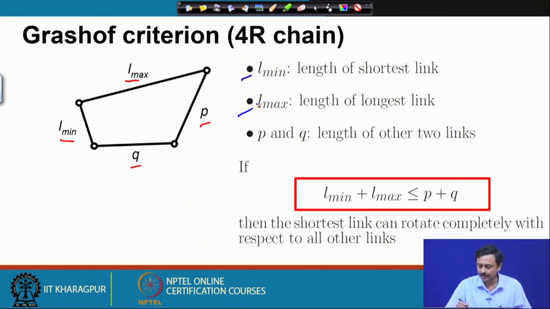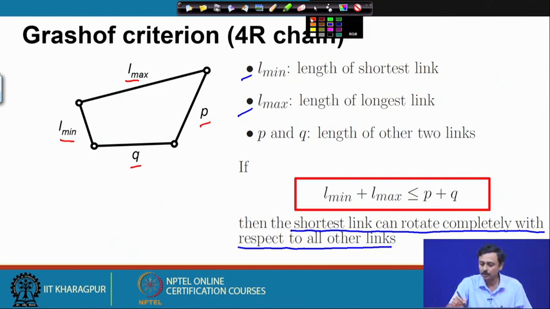Now, the Grashof criterion tells us that if L min plus L max is less than or equal to P plus Q, which means the length of the shortest link plus the length of the longest link is less than or equal to the sum of lengths of the other two links, then the shortest link can rotate completely with respect to all other links.